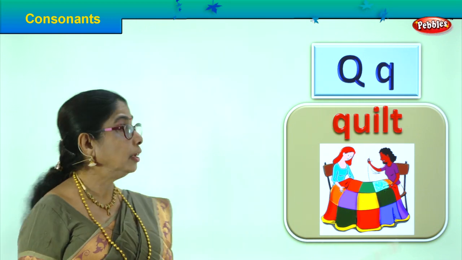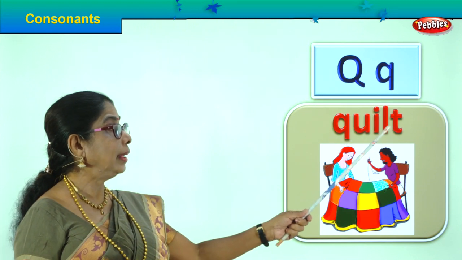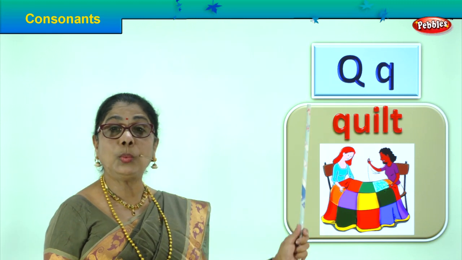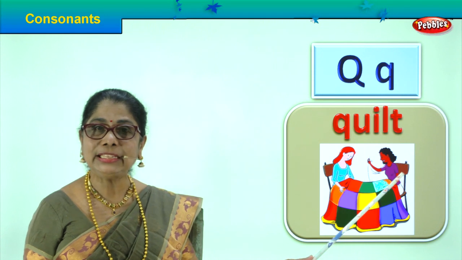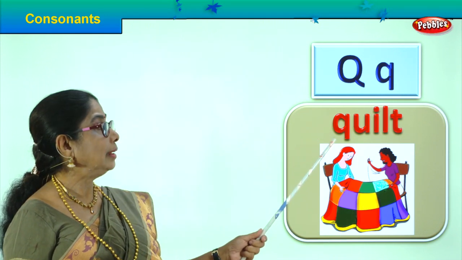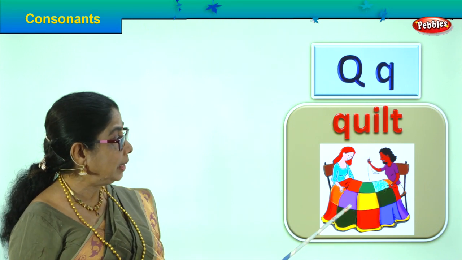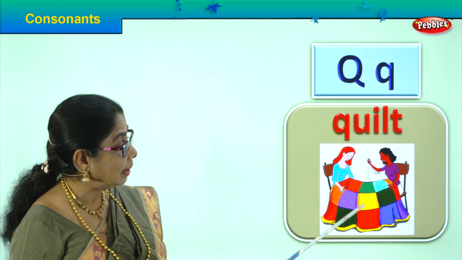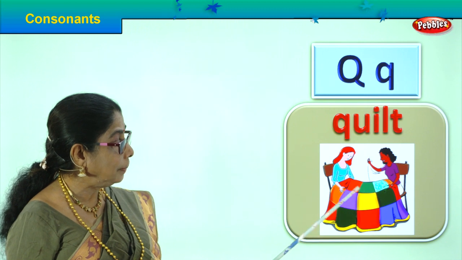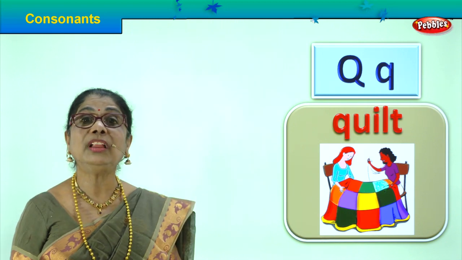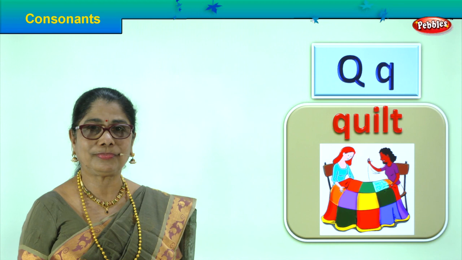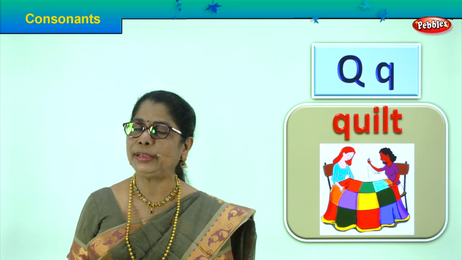Spell quilt. The word quilt begins with the letter Q and sound qua. What are the two little girls doing here? They are patching up different colored pieces, and that is called a quilt.